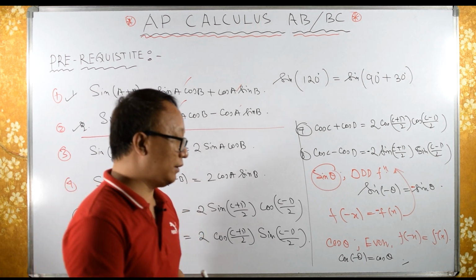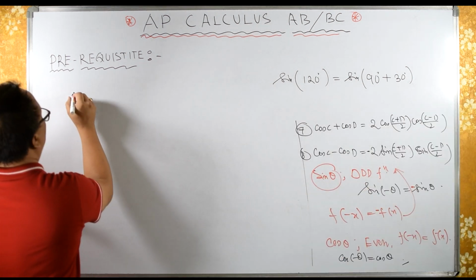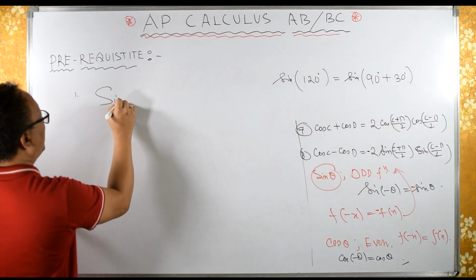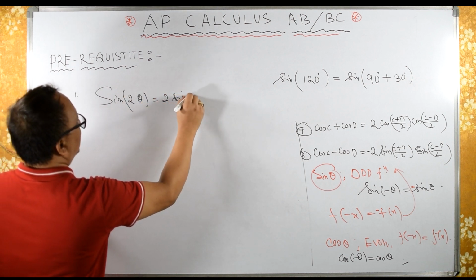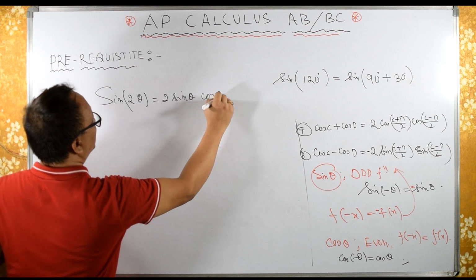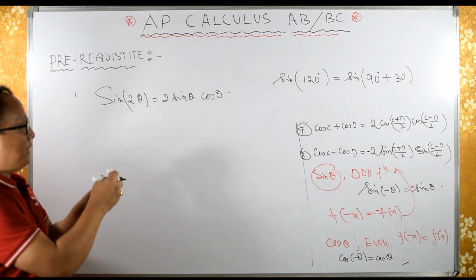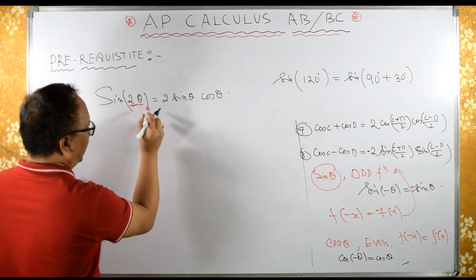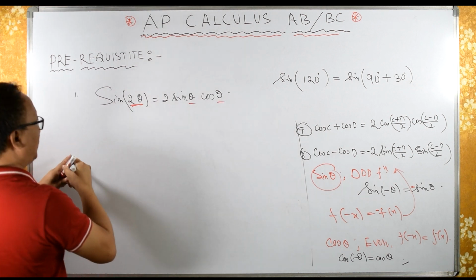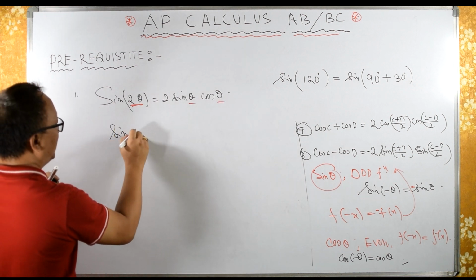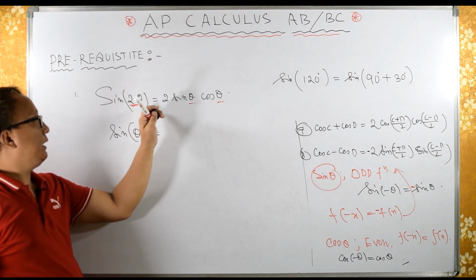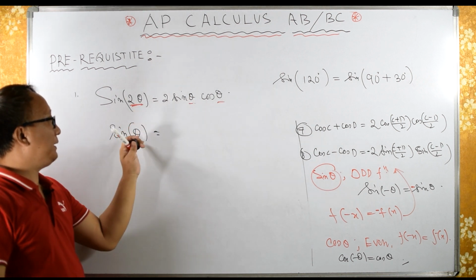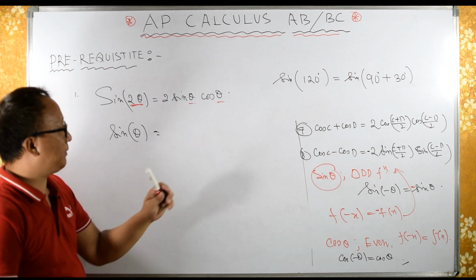Let's try some half angle formulas also. We have sine of 2 theta equals 2 sine theta cos theta. Remember, if you have 2 theta, then it becomes theta plus theta. From here, if I want to find sine theta, I need to break this: theta becomes theta by 2 as well as theta by 2.